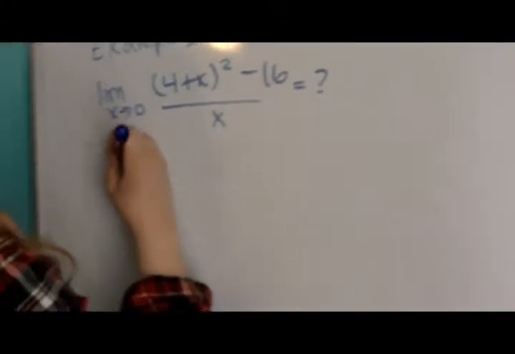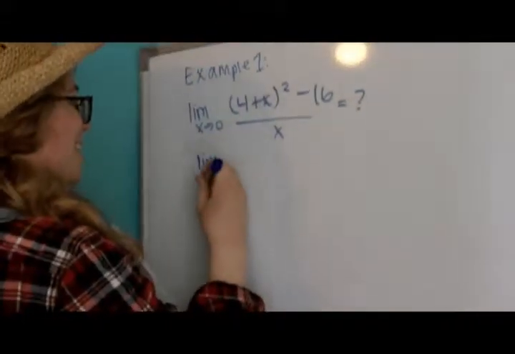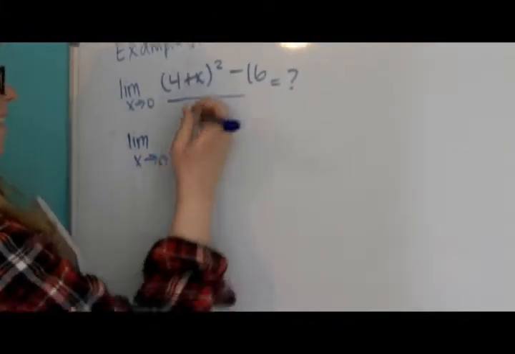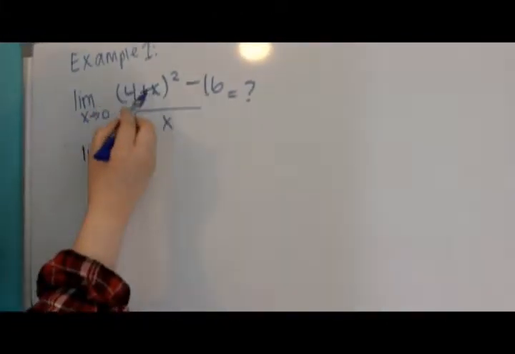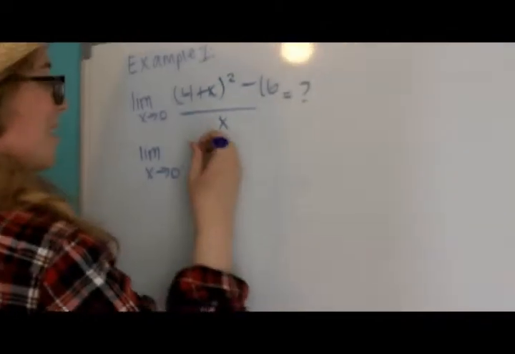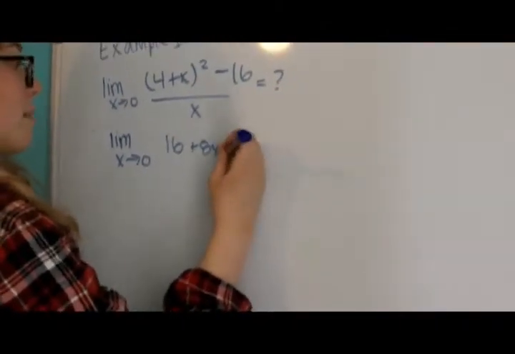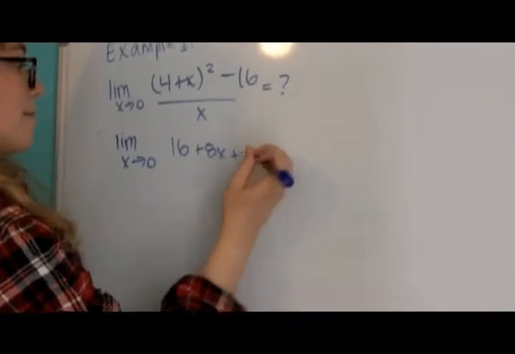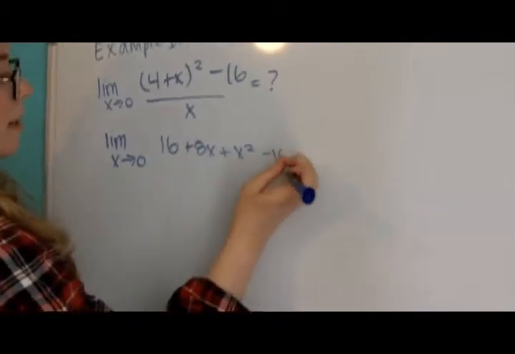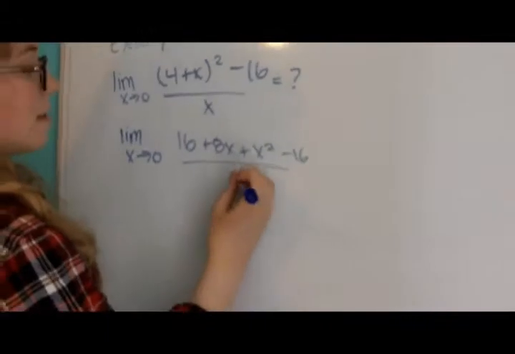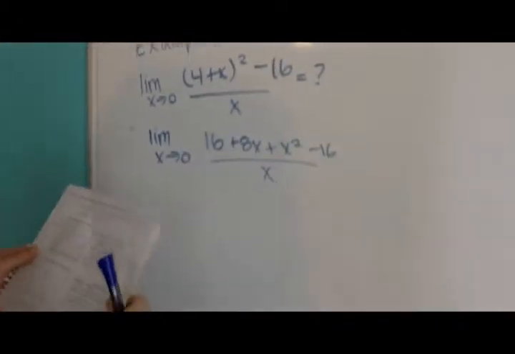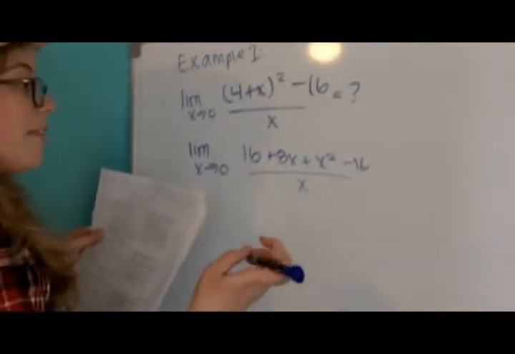It's going to be the limit as x approaches 0, since (4 plus x) squared is equal to 16 plus 8x plus x squared, minus 16, all over x. Once we have that down, you can simplify it even further.